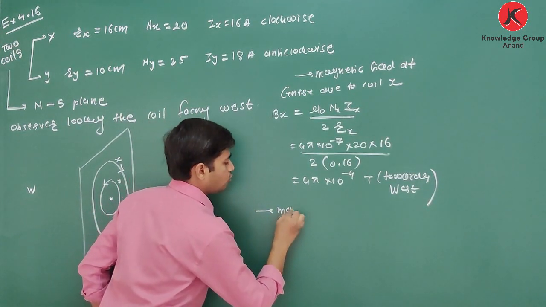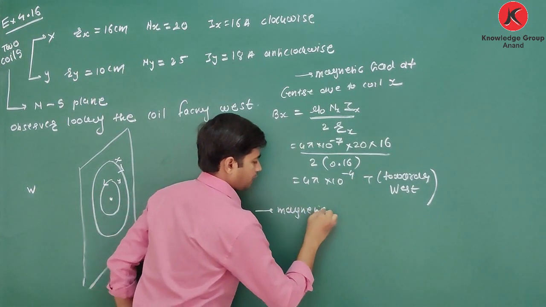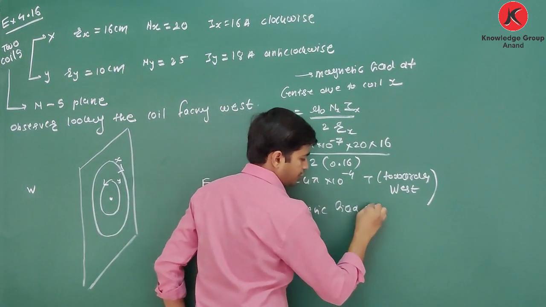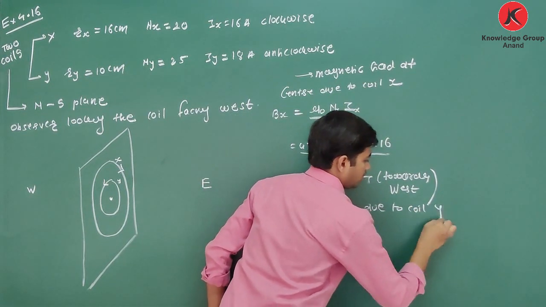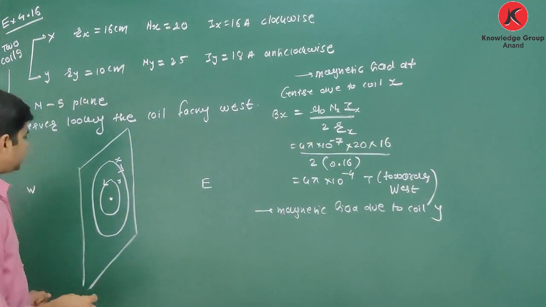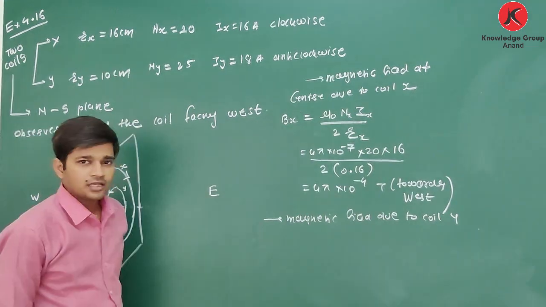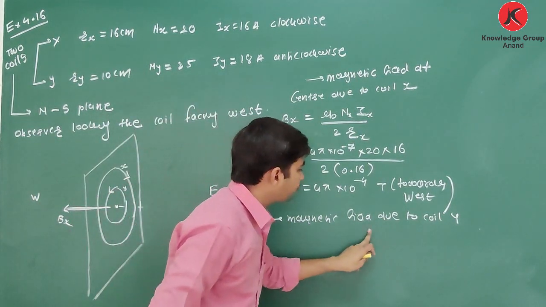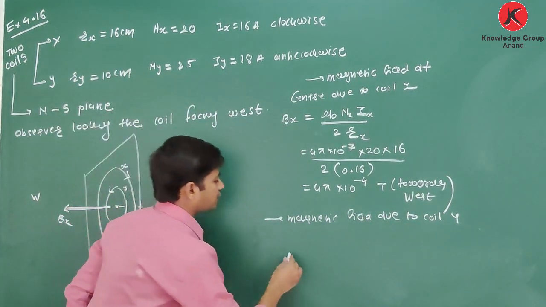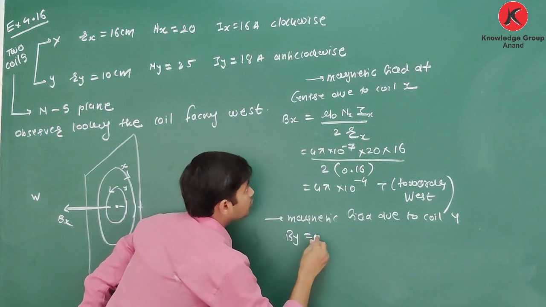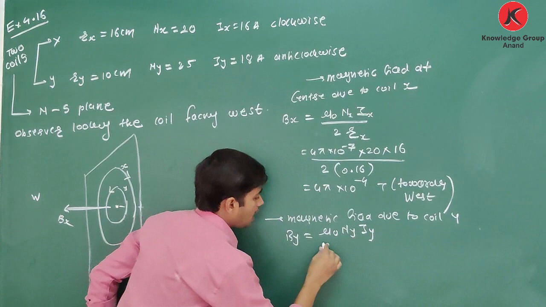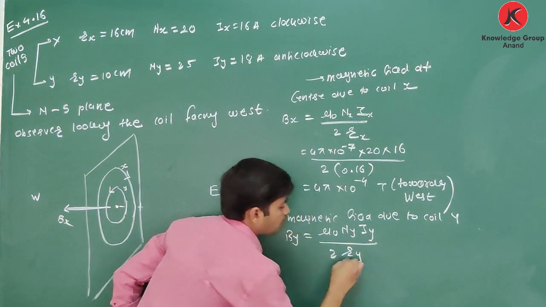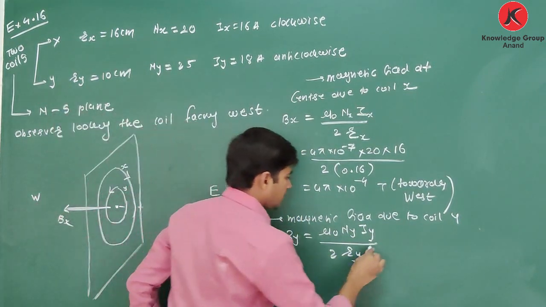Now I will find magnetic field due to coil Y. Bx is in this direction. Now magnetic field due to coil Y. What is the equation? By is equal to mu 0 Ny Iy upon 2Ry. Now put the values.